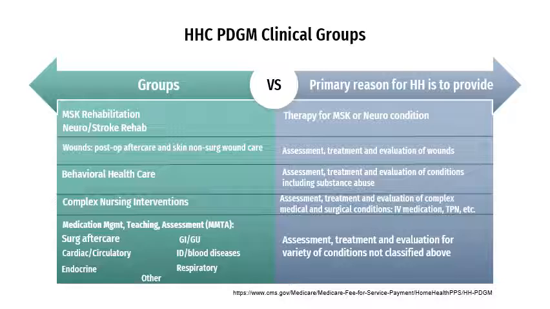And there are 7 different categories here: surgical aftercare, cardiac or circulatory, endocrine, GIGU, infectious disease or blood diseases, and that includes our oncological patients, respiratory, and other. And the primary reason for home health for these groups are assessment, treatment, and evaluation for a variety of conditions not classified above.